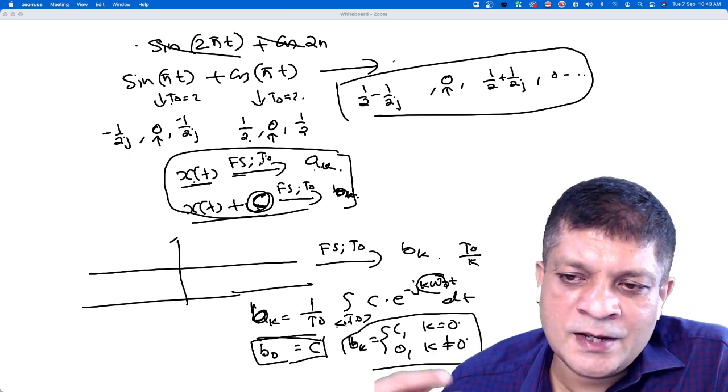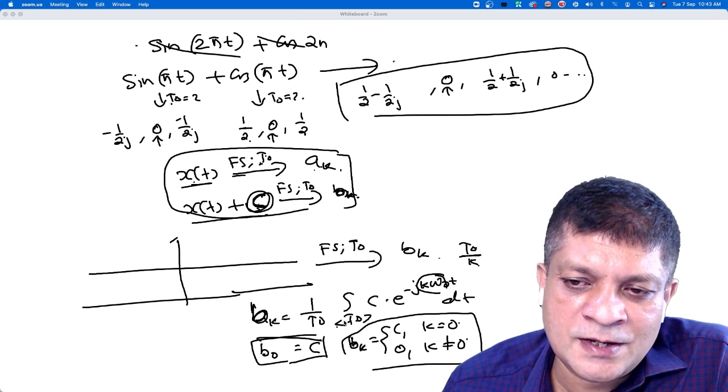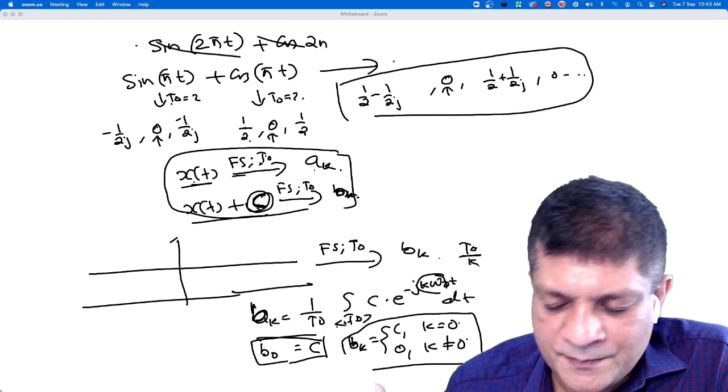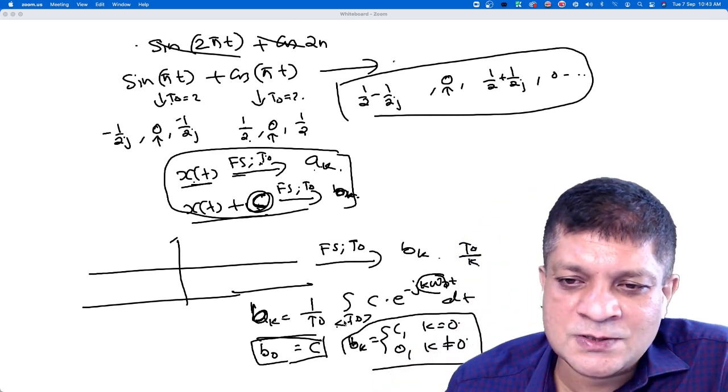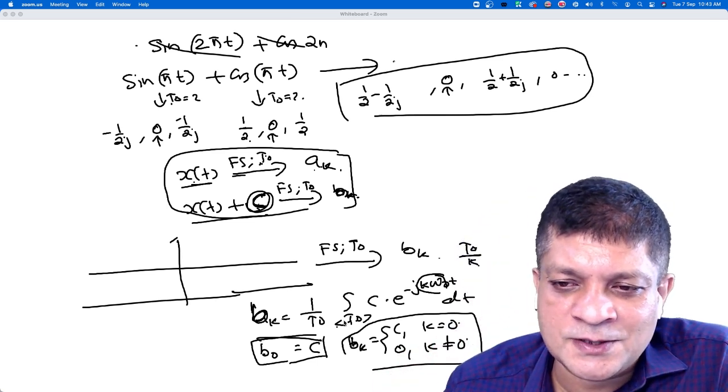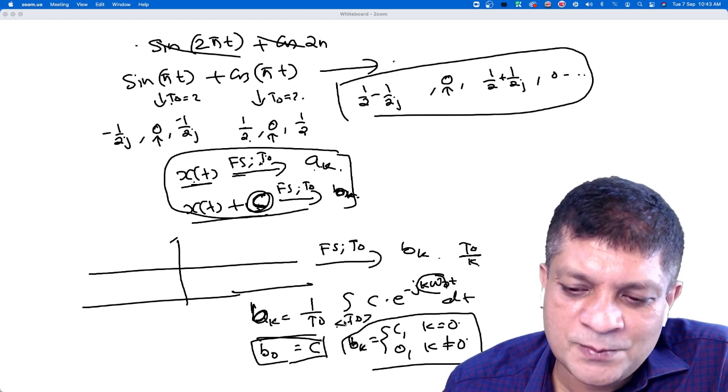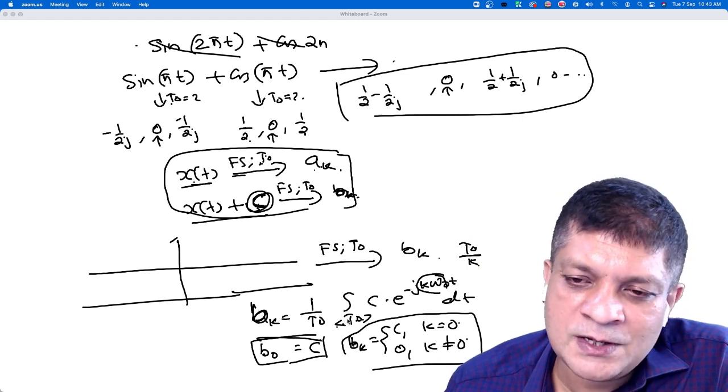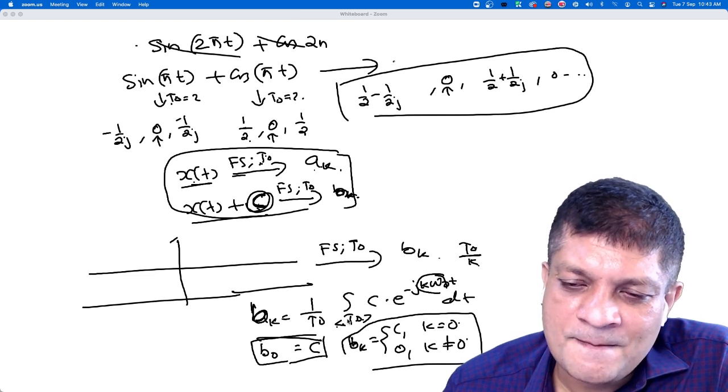The real part is cosine and the imaginary part is sine wave, isn't it? So you are integrating both over a period T naught. So how many periods are you integrating over?